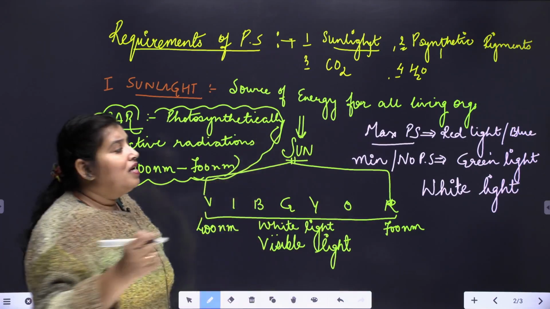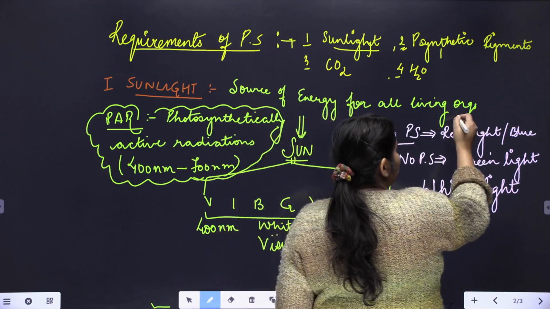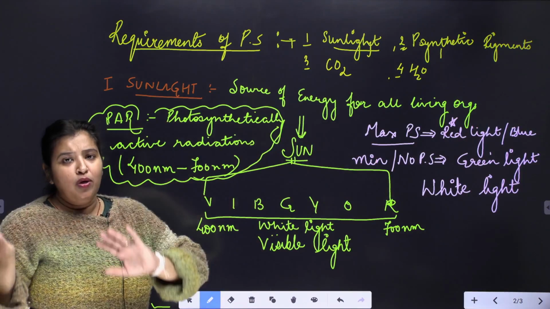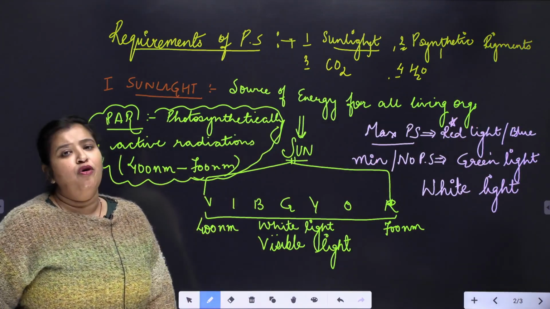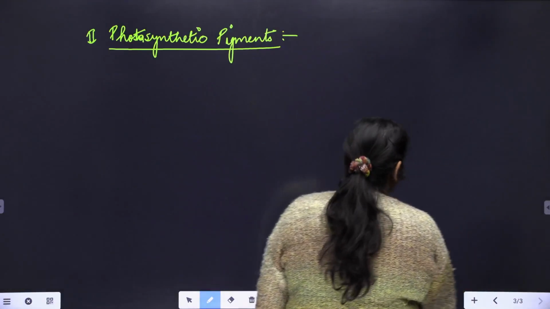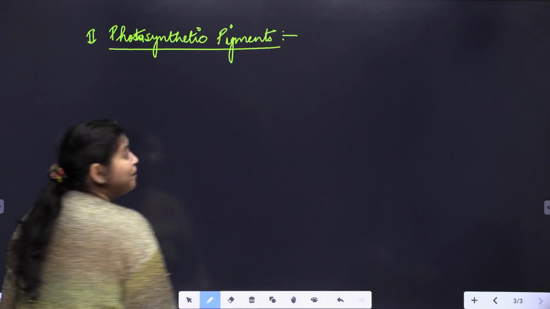But otherwise, in red and blue light, maximum photosynthesis takes place, and if I compare red and blue, red will show more photosynthesis. All right. So let us proceed further now with the next topic, which was photosynthetic pigments.